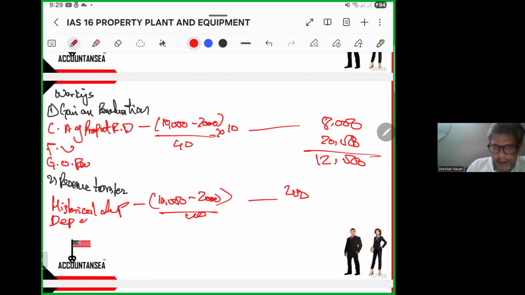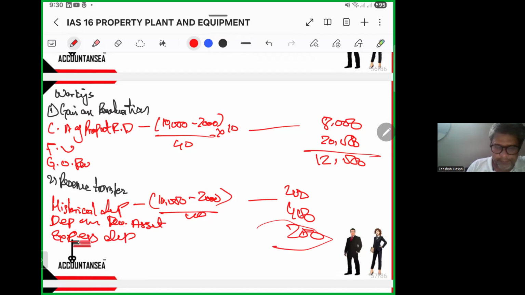Depreciation on revalued asset is 400. So excess depreciation to be transferred is obviously 200.